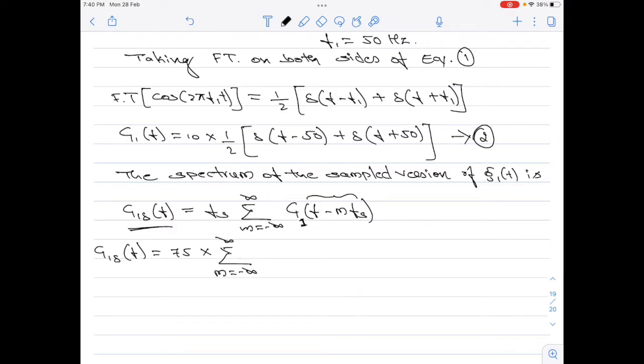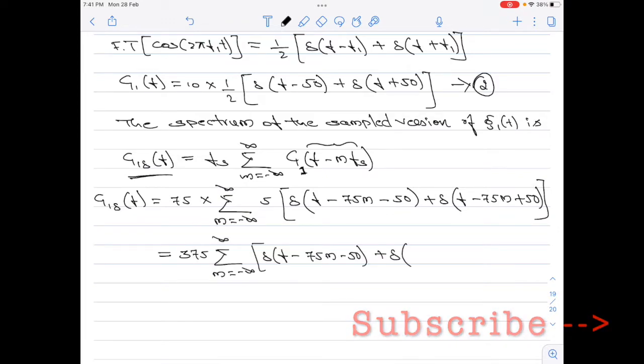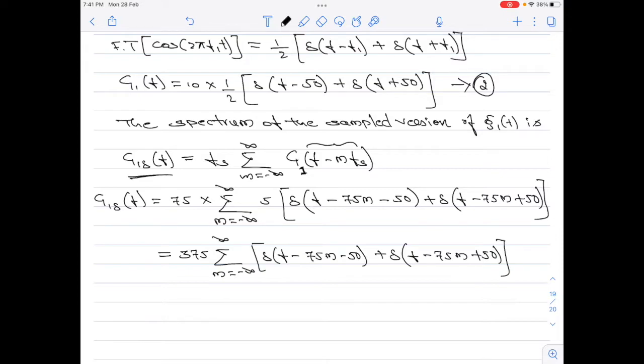Now, I take the RHS of equation 2, which is 10 multiplied by 1/2, which is 5, into delta of, wherever there is f I substitute f minus m Fs. Fs is given as 75, so it will be 75 m, then we have the minus 50 here. Similarly, we have delta of (f minus 75 m plus 50). Let me simplify this. I'll call this equation 3. This will be an important equation.